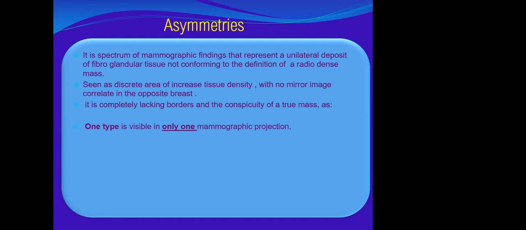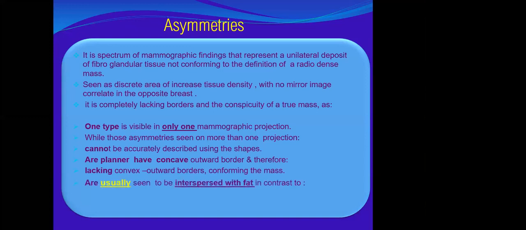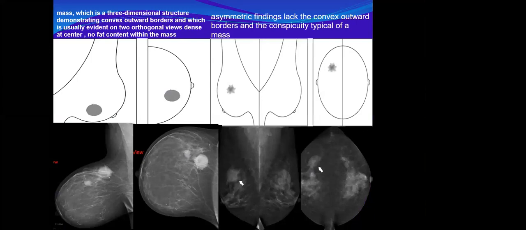And when it is seen in two projections, it also lacks the convex border of the mass, appears planar with concave outward borders, and cannot be described by using shapes. As we mentioned, it lacks the convexity of a mass, and is usually seen with interspersed fat within the lesion, while the mass appears dense at the center rather than at the periphery.